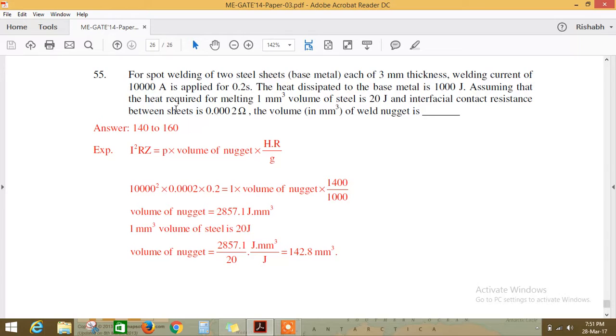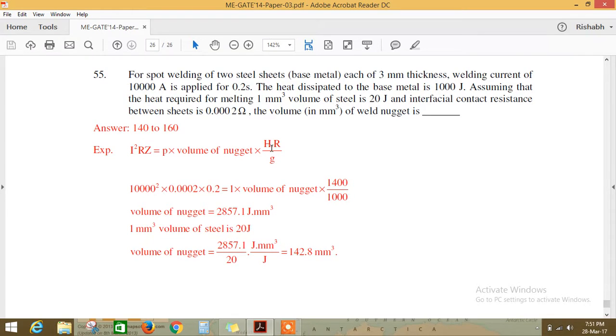We know heat given, I square R T, is equal to heat utilized for melting the nugget. So density into volume of nugget is the heat generated.